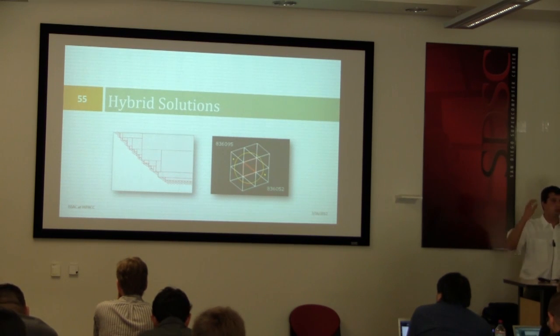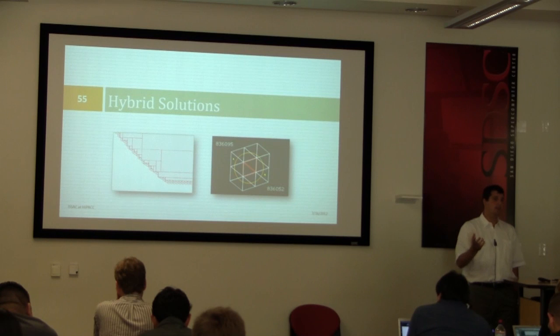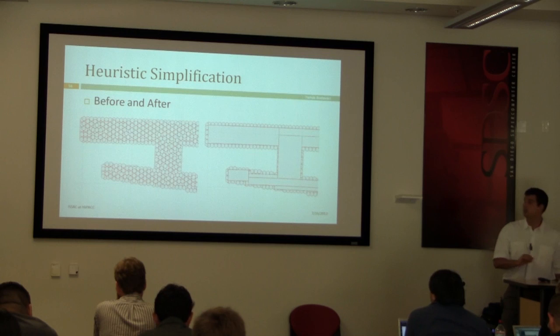So what I will talk about next is two hybrid solutions where you take this vector graphics and combine it with pixelization. One of them is going to be the search, and the other one is something else. I'll start with that first. Here it is.